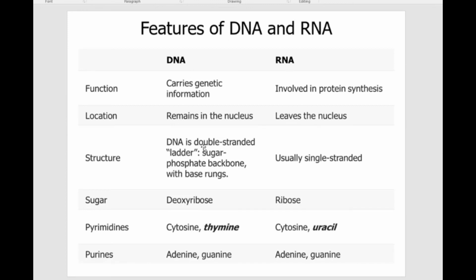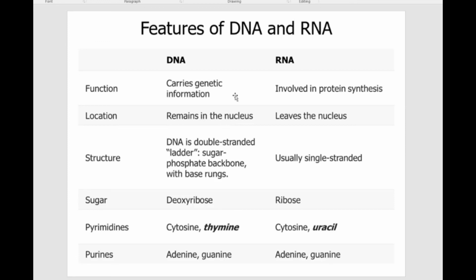Structure, DNA is double-stranded. Okay, remember that there are two strands in DNA, but RNA molecules are usually single-stranded, just one strand. So a lot of times the DNA is more stable than RNA because you have two strands. Location, DNA is located inside the nucleus. It never comes out of the nucleus. Okay?